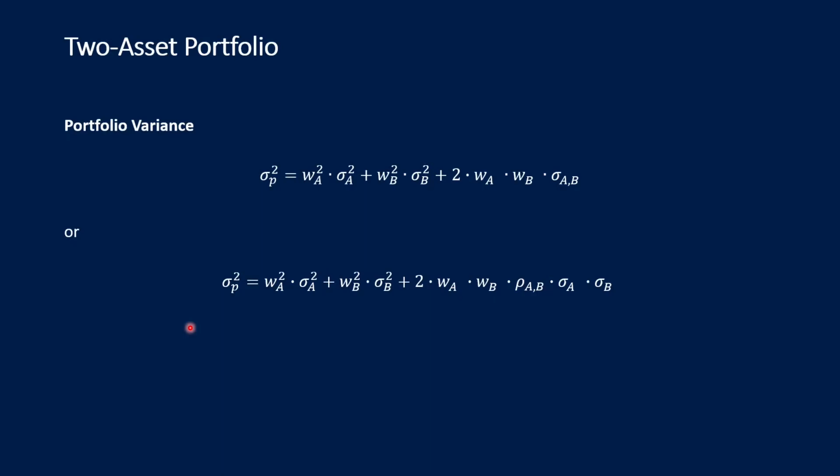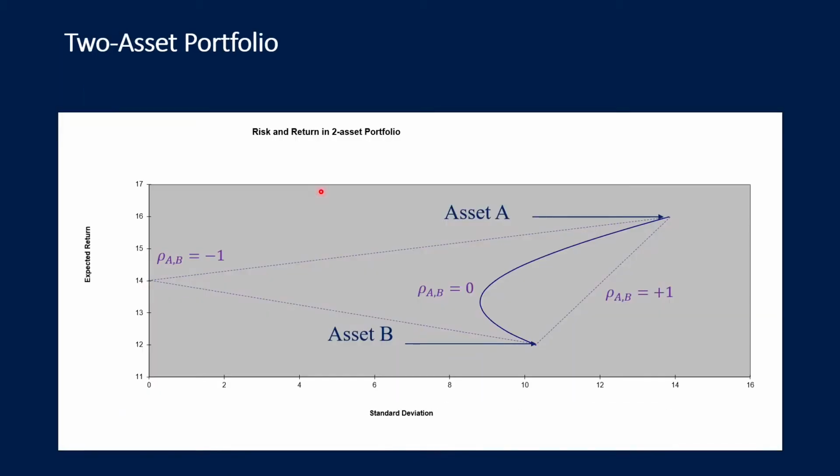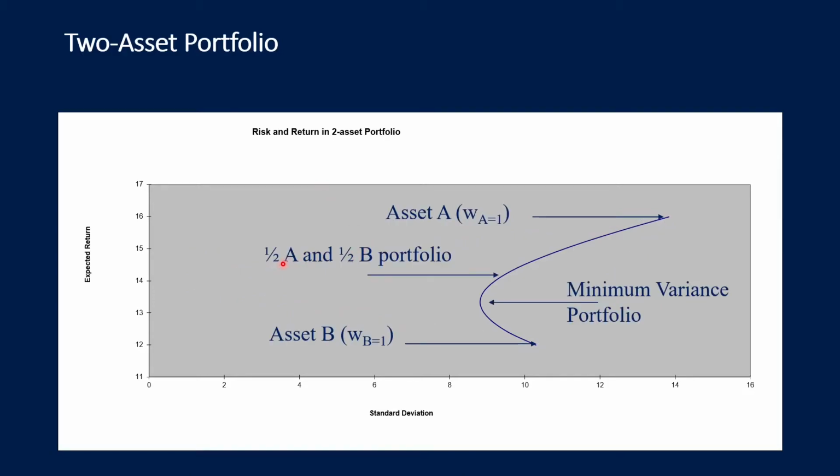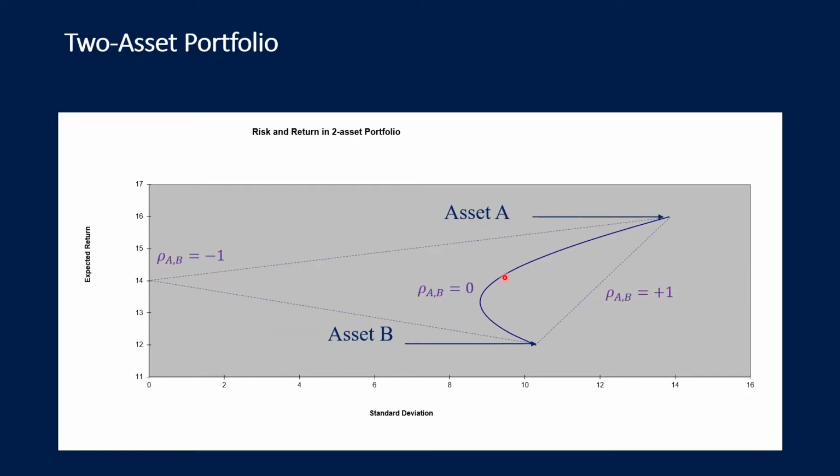If we stick with a two-asset portfolio, the portfolio variance is given by, and this is due to the binomial formula, w_A squared. w is the weight of A in the portfolio. I just remind you that we spoke of weights here too. So for example, this portfolio was half A, half B, so the weight is 0.5.